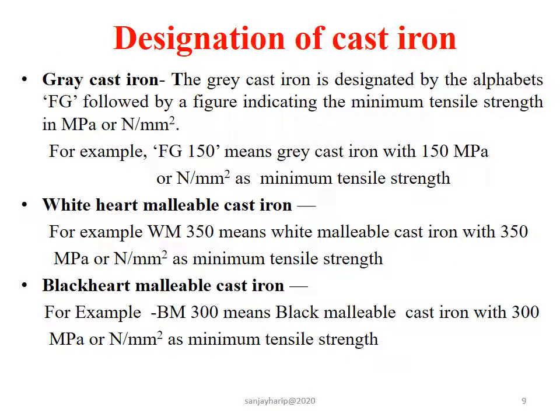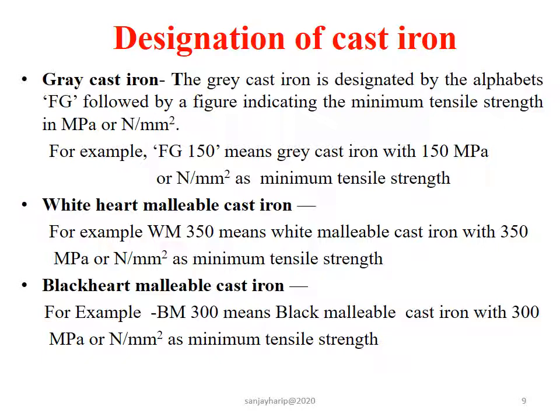Cast iron are designated as their types and tensile strength. For example, FG150. FG stands for grey cast iron and 150 stands for 150 megapascal, its tensile strength. WM350, where WM indicates white malleable cast iron and 350 MPa gives its tensile strength.